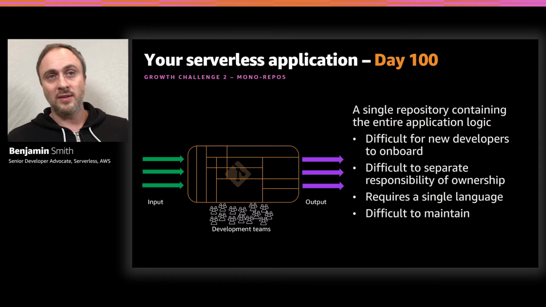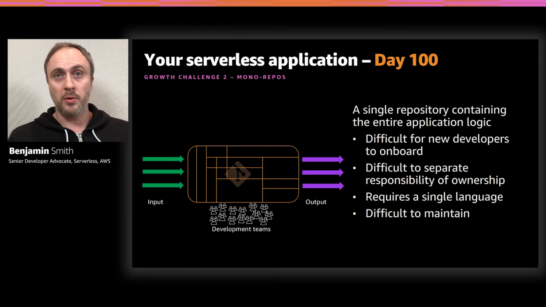And this goes hand in hand with another common challenge that we see. What started as a straightforward single repository, which was used to version control the function code, has now become really difficult to separate the ownership of responsibility between the different development teams. Because there's no clear boundaries of ownership, because this code is not very well decoupled.